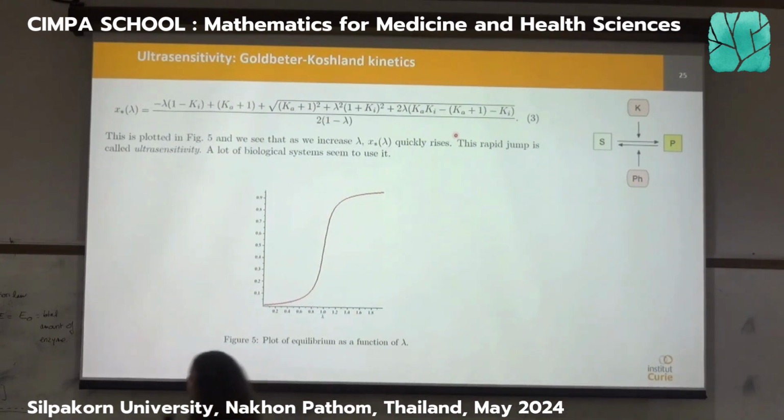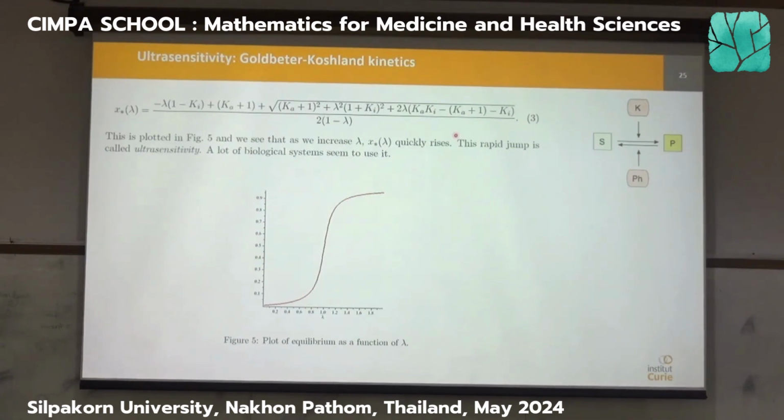So if I draw this curve, with respect to some parameter lambda, you have the equilibrium X star, and you have a steep behavior like this.